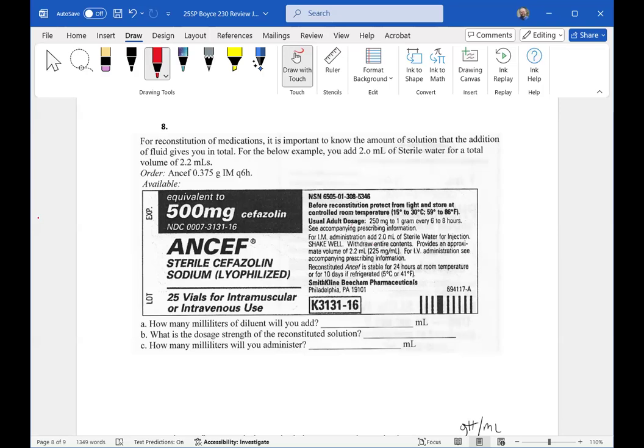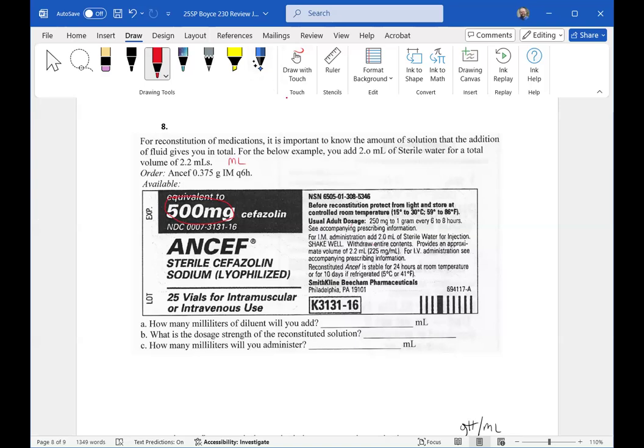So you know you're looking for mLs, and in order to use mLs, your label should indicate how much of a particular medication per ml it is. This just tells you 500 milligrams, which doesn't tell you anything about the concentration. So this is your clue that you're dealing with reconstitution.